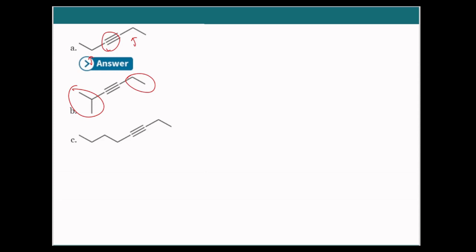Okay, so we again alphabetize them, and remember iso counts for alphabetization, so this would be ethyl isopropyl acetylene. Okay, so for the next one, we have an ethyl group and a 1, 2, 3, 4 butyl group, so this would be butyl ethyl acetylene. Okay, because we alphabetize them, this would be butyl ethyl acetylene.